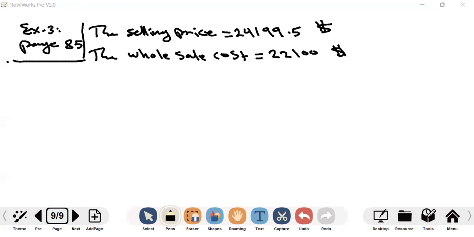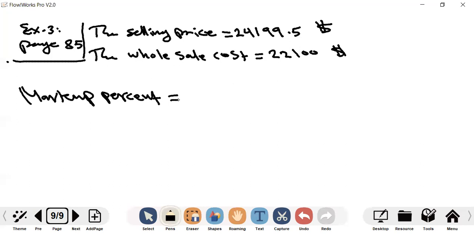So here what I will do, look at the board. Markup percent. It is like the percent of change. Remember we said new minus original over original multiplied by 100. We will do the same idea here. What's the new? The selling price or the wholesale cost? The selling price is the new, right?